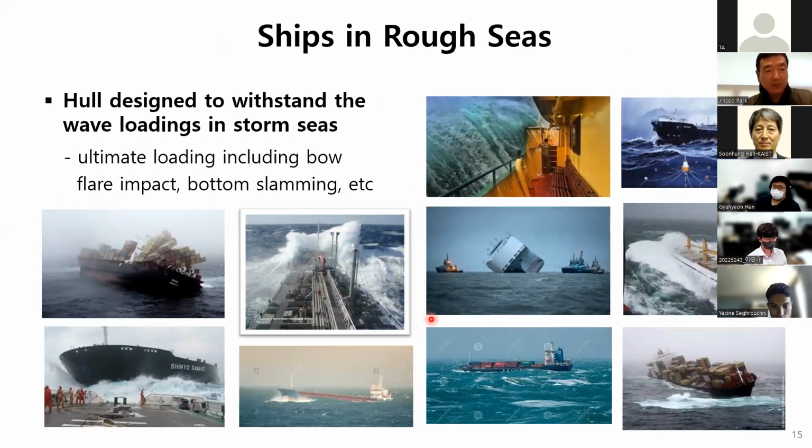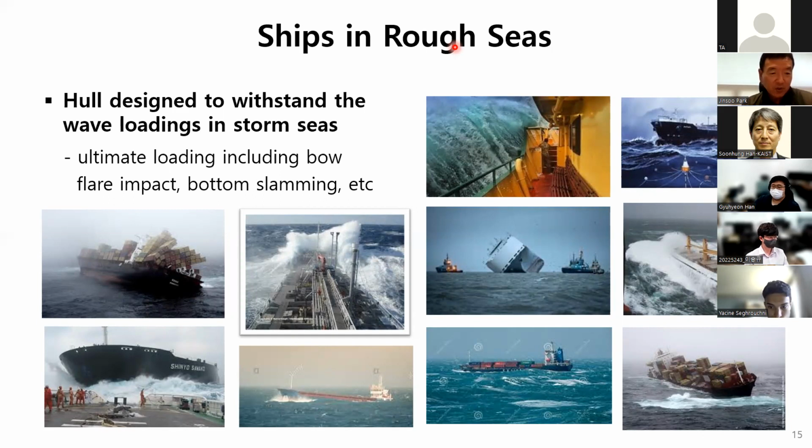Here are some photos showing possible situations that ship experience in rough sea waves. Basically, ship hulls are supposed to be designed to withstand the wave loadings even in such storm. Sometimes we can expect ultimate loadings due to bow flare impact or bottom slamming or quite big wave height.